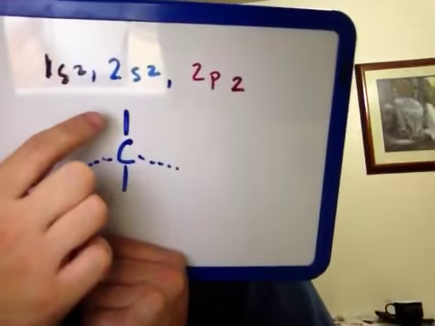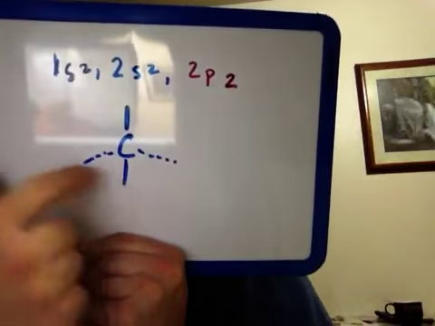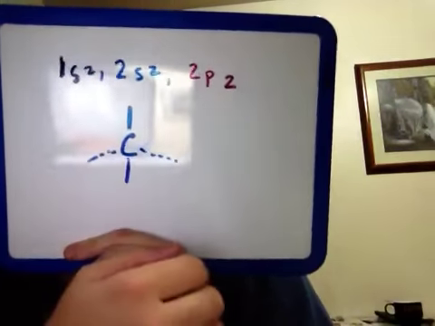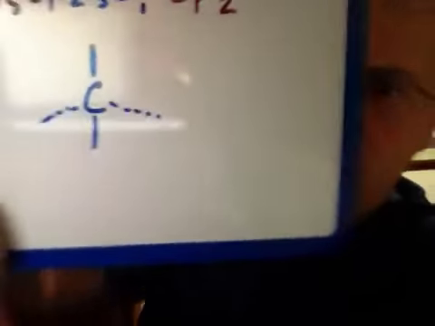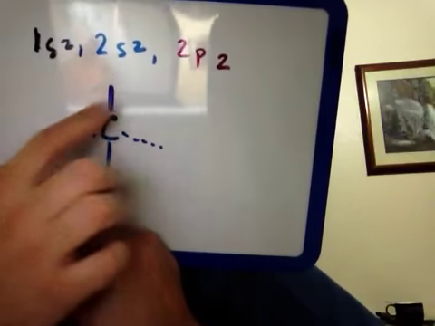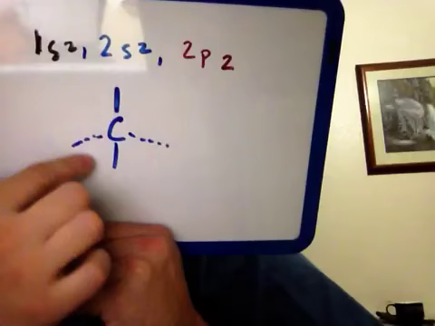So I have electron probability density here, here, and if you can imagine, these are kind of behind the carbon, and this is kind of coming at you. So it kind of looks like a tripod in a way, where I have these 4 areas of electron probability density coming out, and it's hard to appreciate on here, but all the angles between these different areas of probability density are the same.